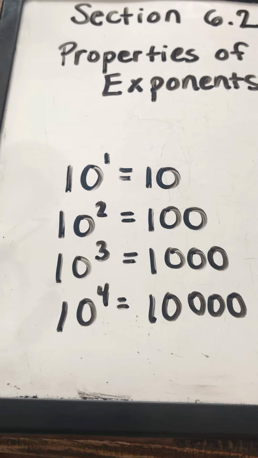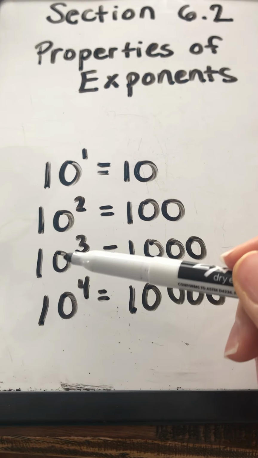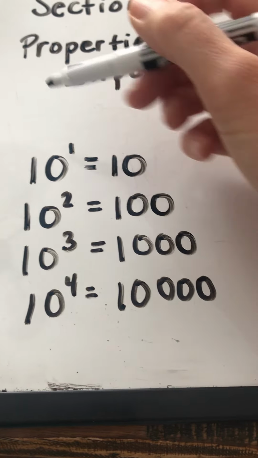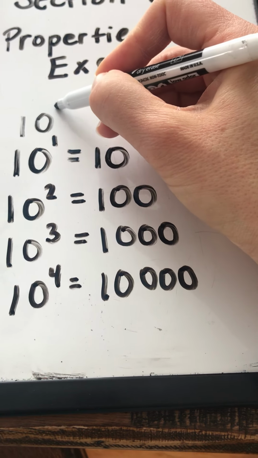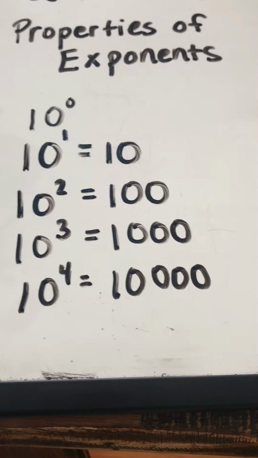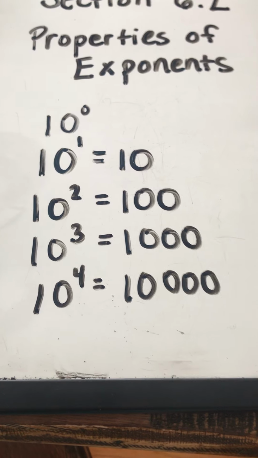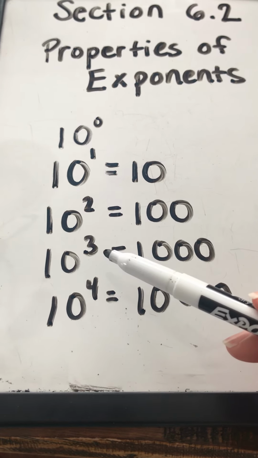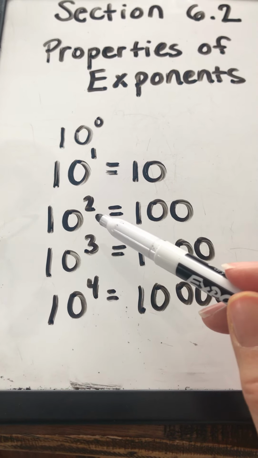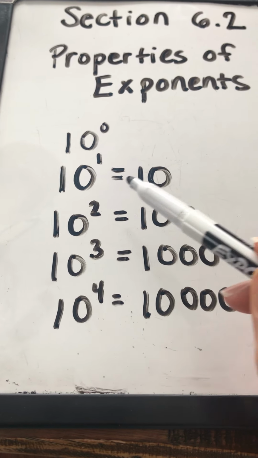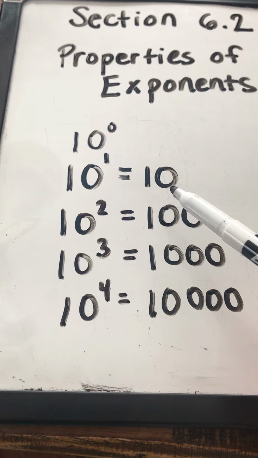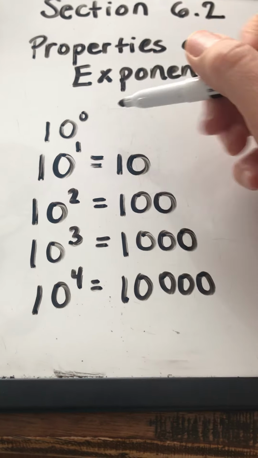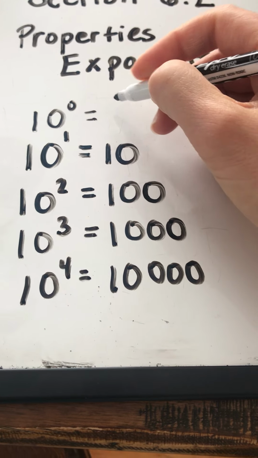But what I want you to think about is, what if we were to work backwards? We started with 10 to the first. What if we actually started with 10 to the 0 power? What do you think that would equal? Remember, 10 to the fourth had 4 zeros, 10 to the third had 3 zeros, 10 to the second had 2 zeros, 10 to the first has 1 zero, so 10 to the 0 power would have no zeros.